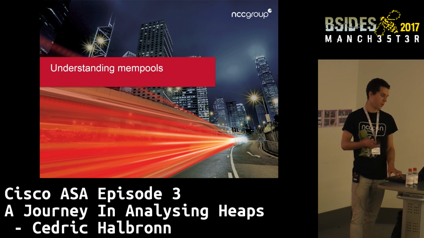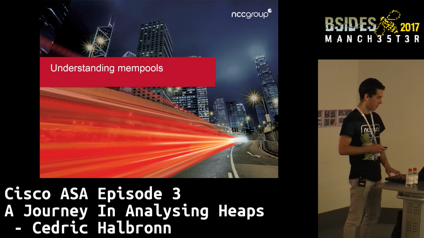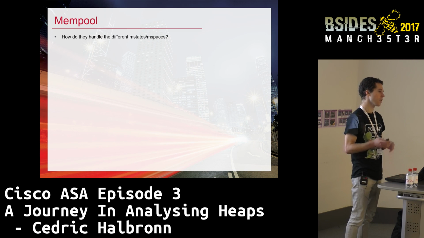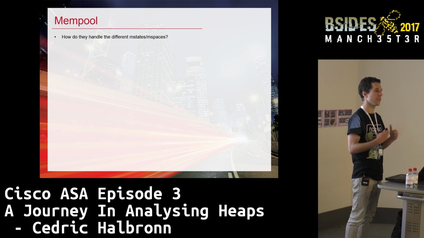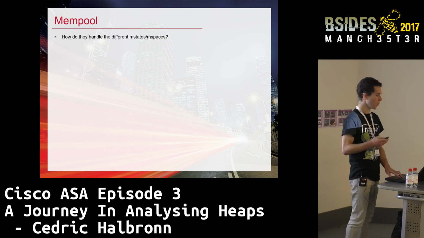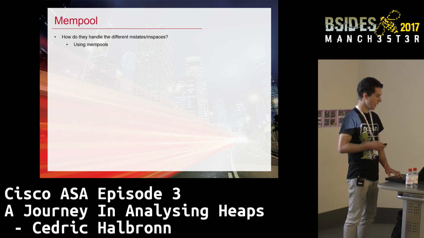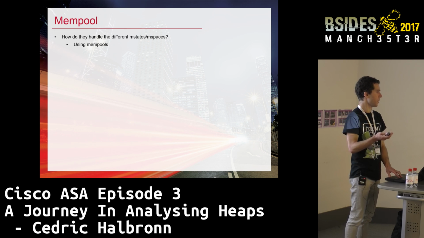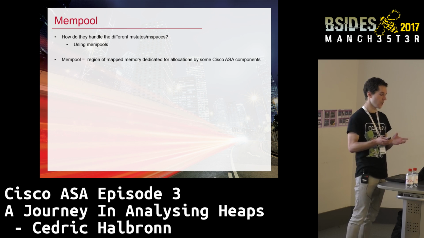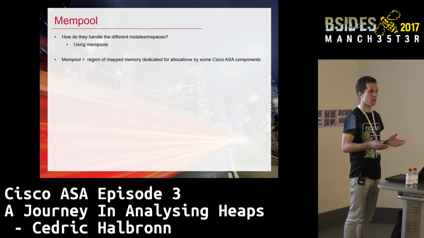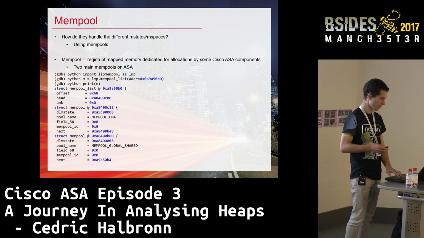Okay, so the last concept we need to understand is mempools. It's something specific to Cisco ASA that they added on top of dlmalloc. The idea is they want to track different M states, and they use this term, mempools. A mempool is a region of memory dedicated to allocations for Cisco ASA components.